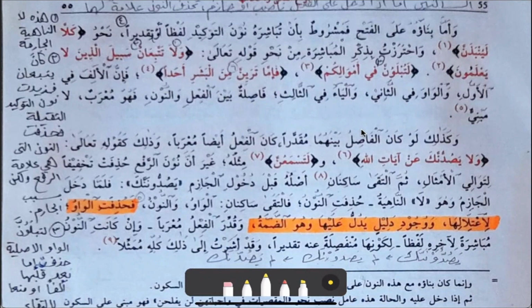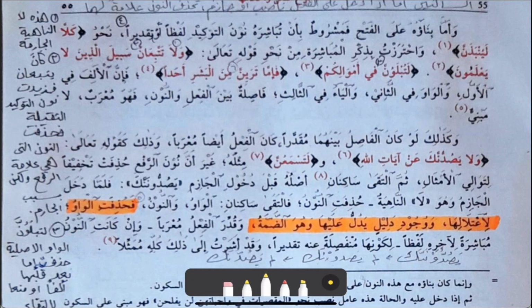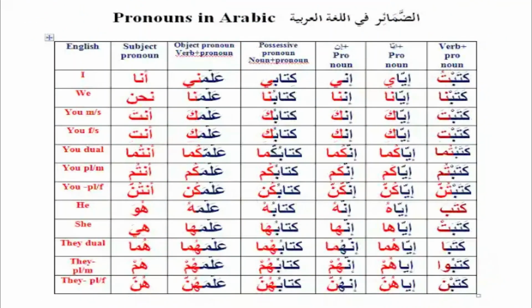I suspect that was a hefty amount of information. Do you have any question, and should we stop here? You need to review your pronouns, your connected pronouns, the wow, the noon, everything. Review the pronouns for the past tense: darabtu, darabna, darabta, darabtuma, darabti, etc., darabtunna.